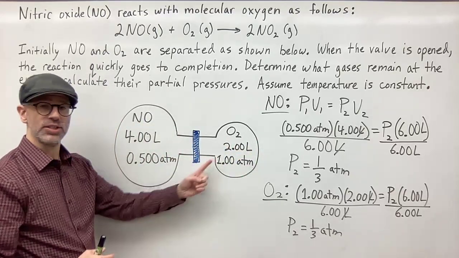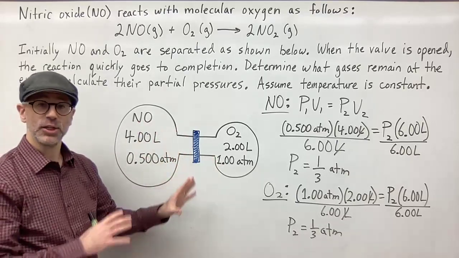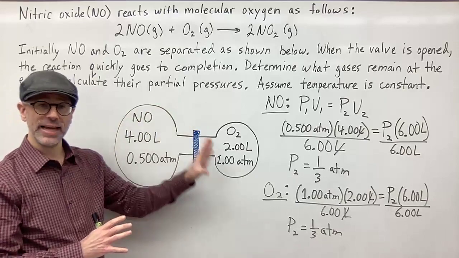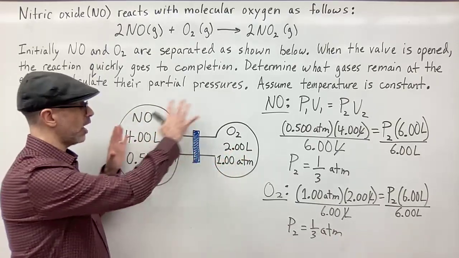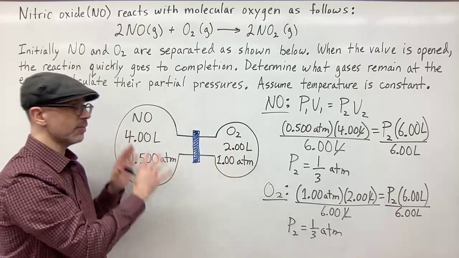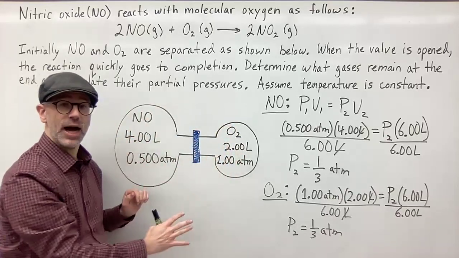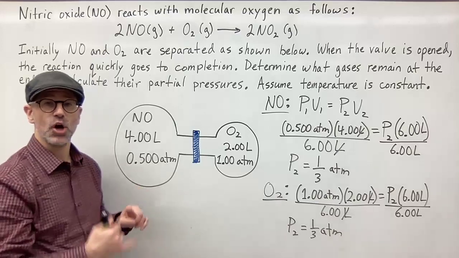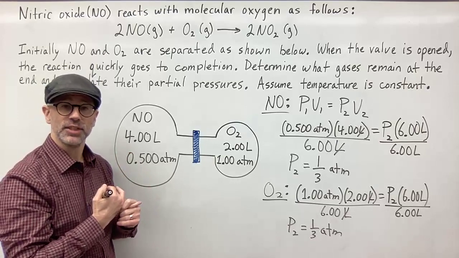Before they were not, but now, after we hypothetically allowed the gases to spread out evenly throughout the whole vessel, the reaction can take place, and the volume will be constant during the reaction. So we have constant volume and constant temperature.